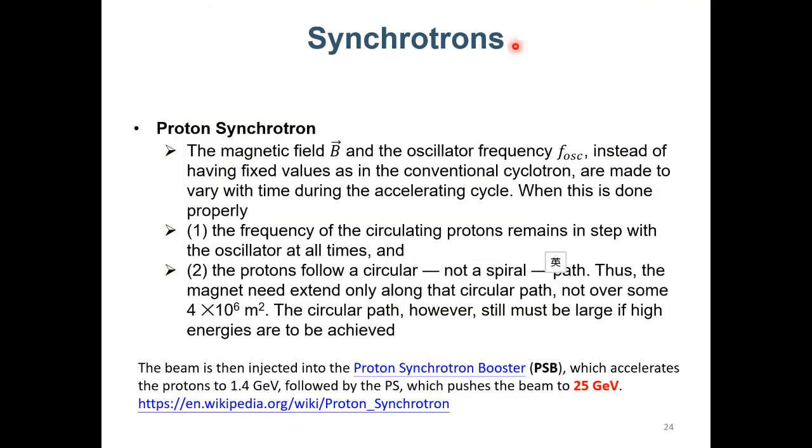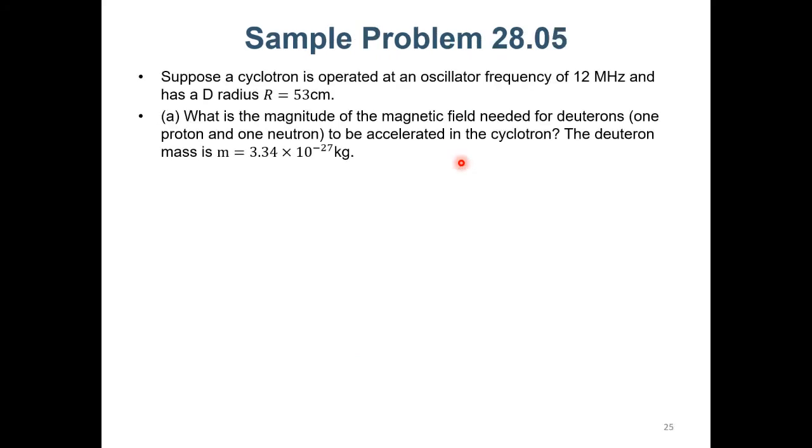So let's come back. Okay, so this is the synchrotron. Let's look at a sample problem. Suppose a cyclotron is operated at an oscillating frequency of 12 megahertz and the D has a radius R equal to 35 centimeters.